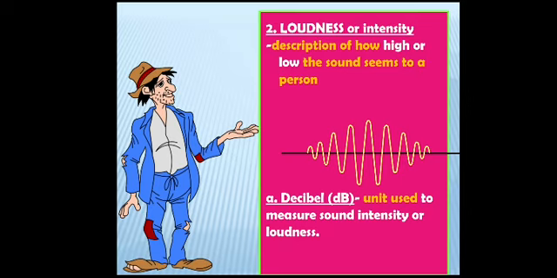It is written with a small d and a capital B as its symbol. Loudness means how high the sound is, the amount of intensity of the sound waves. I think you know the meaning of intensity. Intensity means its amount, its capacity, or the level of the sound wave.